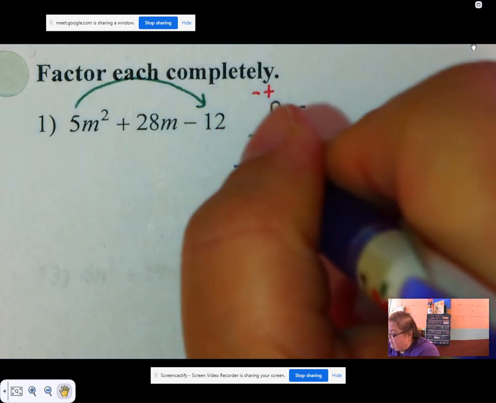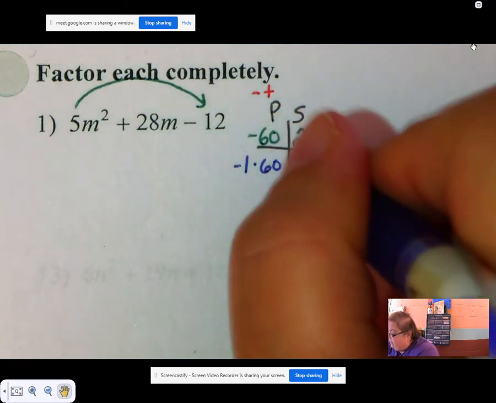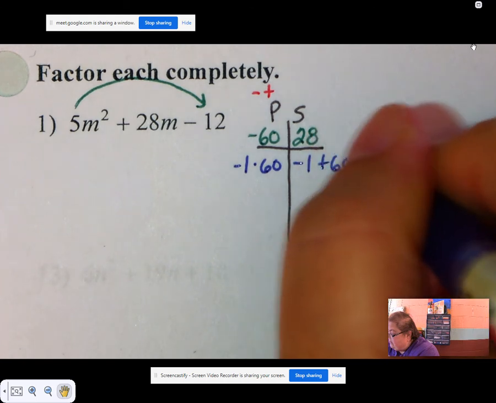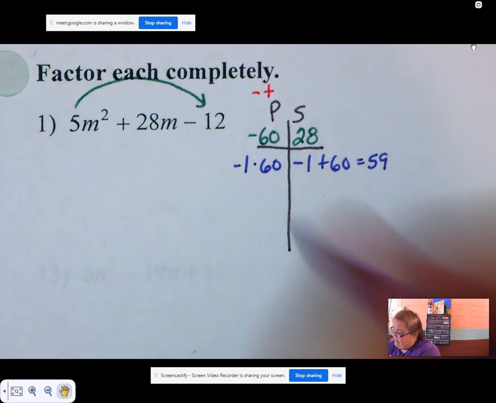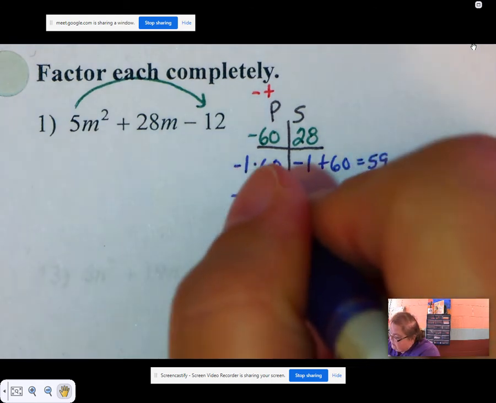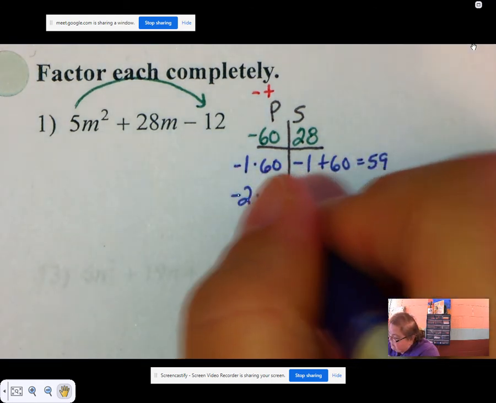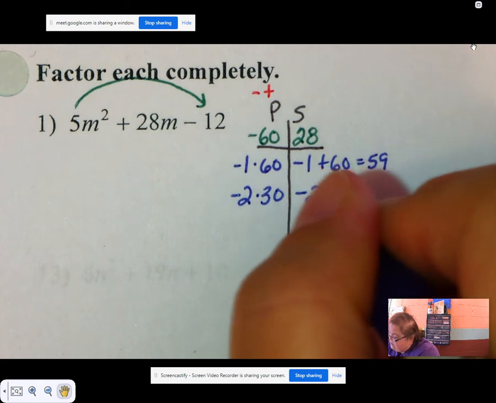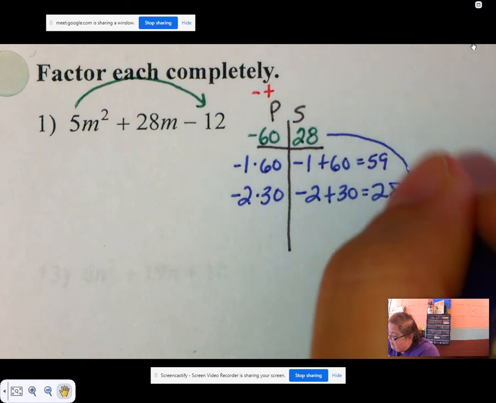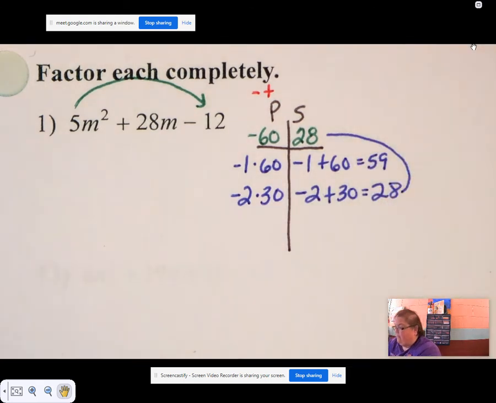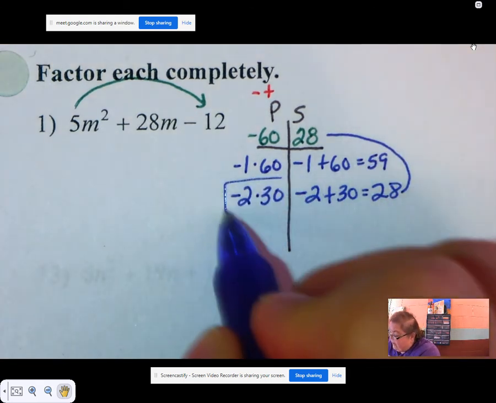Negative 1 times 60, negative 1 plus 60, 59. Not quite there. Negative 2 times what? 30. What is negative 2 plus 30? 28. There it is. Now here are my factors.